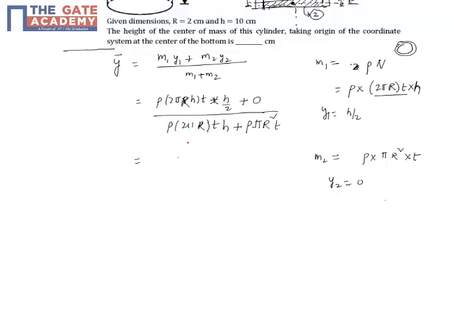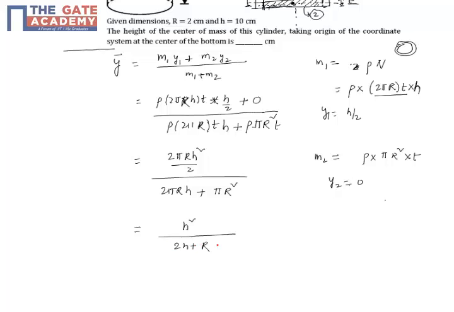The thickness and density both cancel out, and what is left is 2 pi r h square by 2 in the numerator and 2 pi r h plus pi r square in the denominator. So pi r gets cancelled and we get h square over 2h plus r.